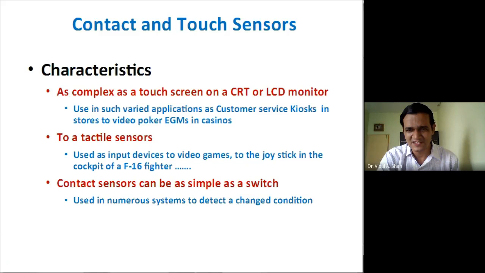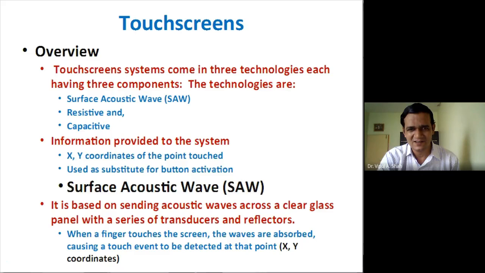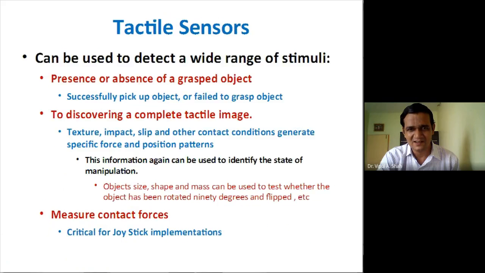We can have some 3D visual sensors also, which can be based on surface acoustic waves, where resistive and capacitive changes occur, and we can monitor and maintain the XY coordinates of this particular surface. So surface acoustic waves you can have for measurement purposes, and tactile sensors are utilized for this purpose.